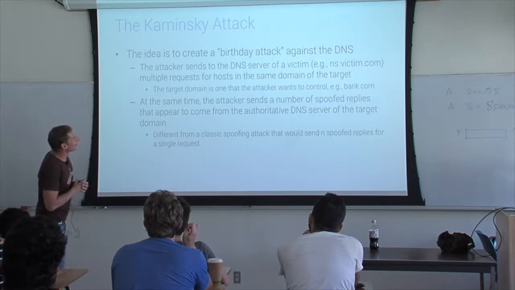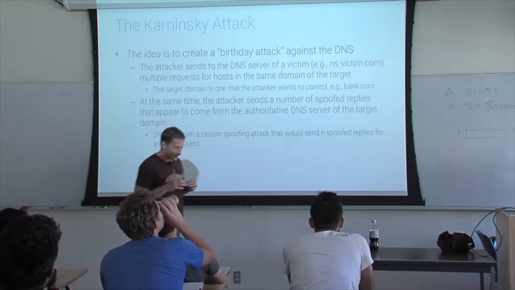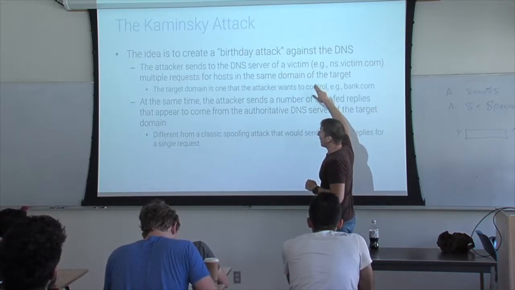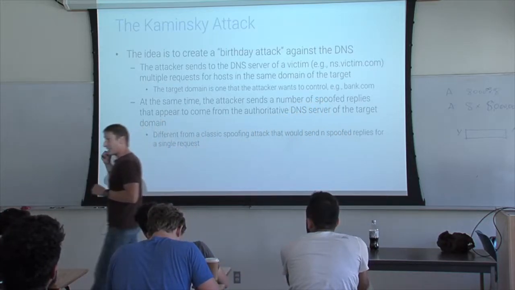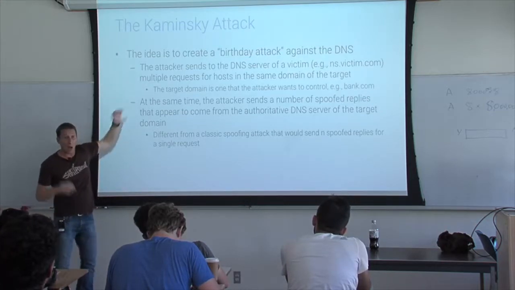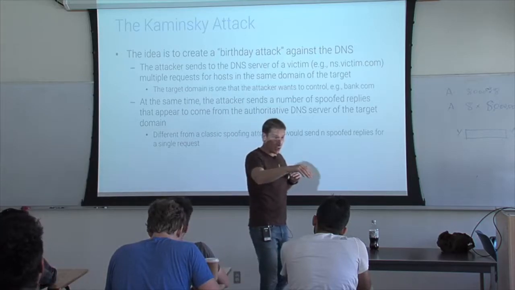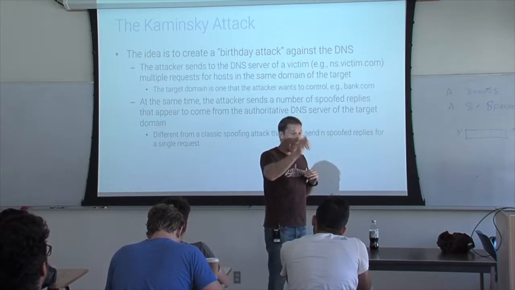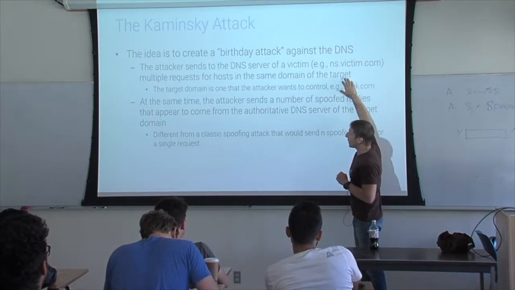It's gonna be fine. So the attacker sends to the DNS server of a victim multiple requests for a host in the same domain of the target. So I want to convince the victim of a certain mapping, I ask that victim for a specific domain on the target.